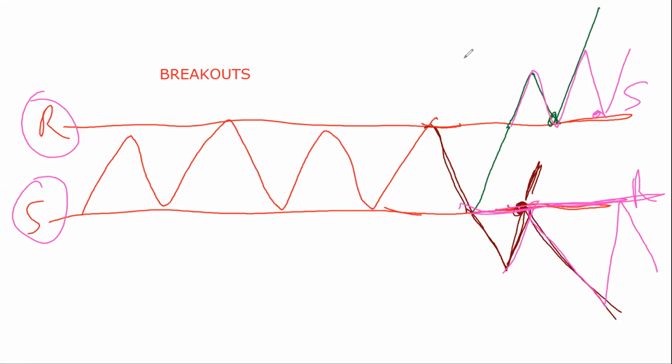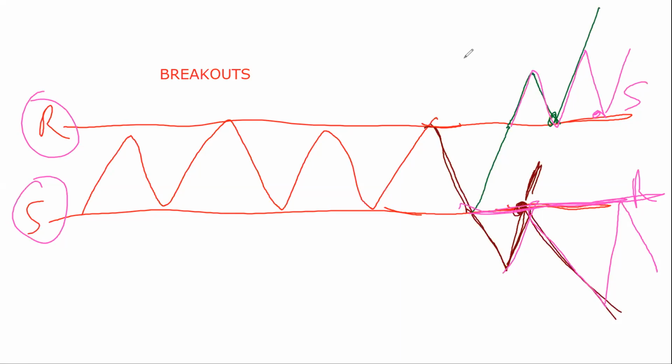So when this happens, would you recommend trading when it breaks out of these support and resistance zones? Yeah, 100%. So most people will mark up their zones and will be waiting to see when there's a breakout and will trade on breakout.